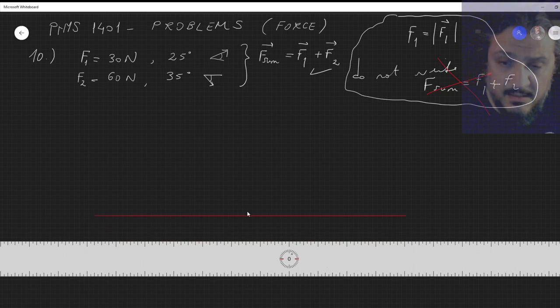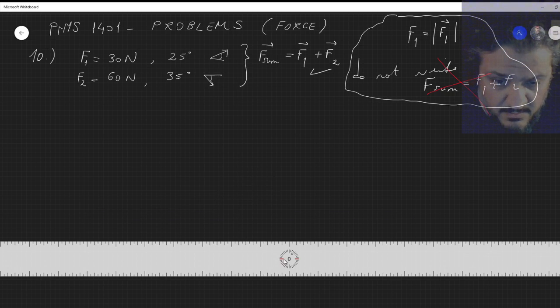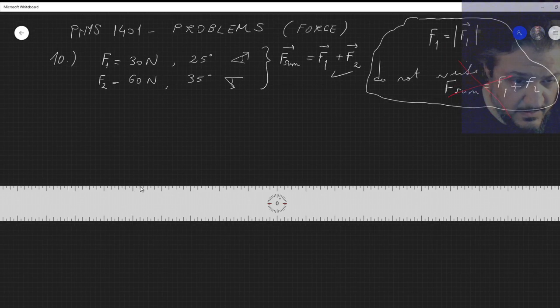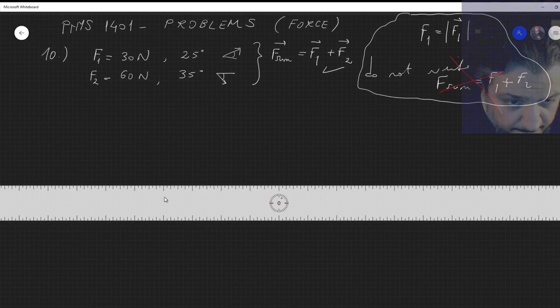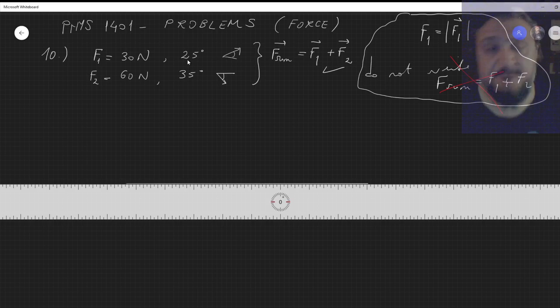Actually, maybe it's better if I align it with the squares, so let me move it up a little bit. Okay, that's better. This is horizontal.